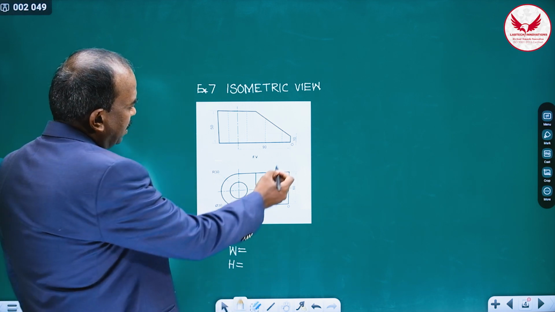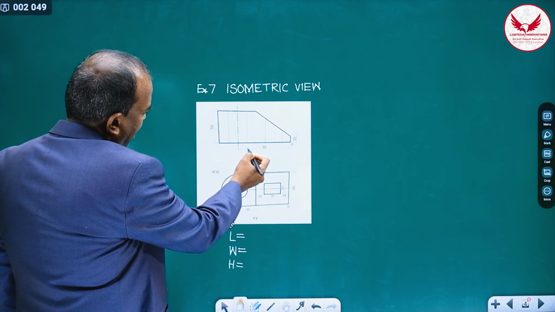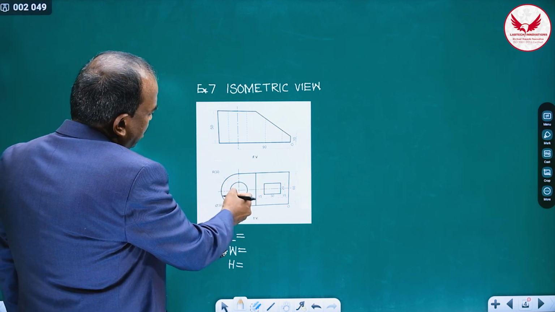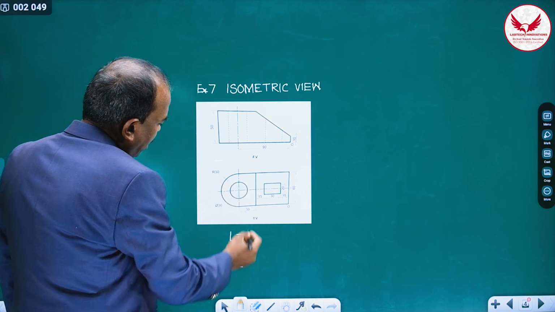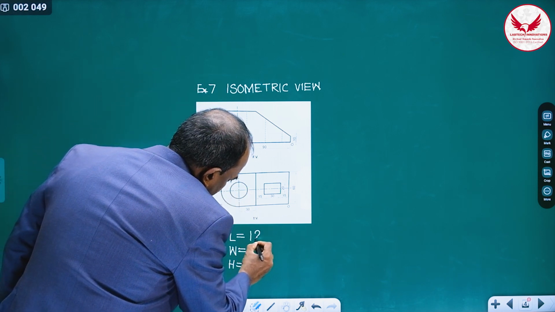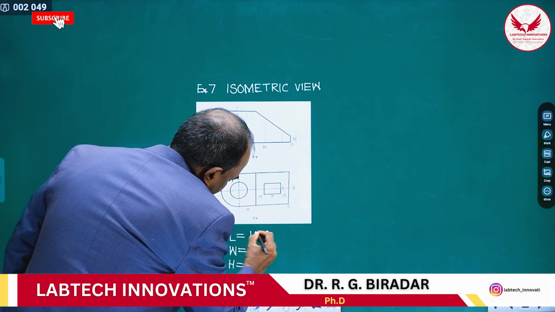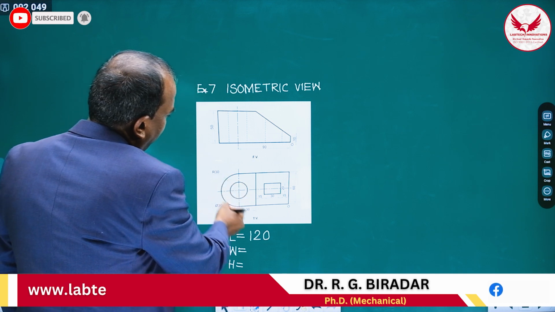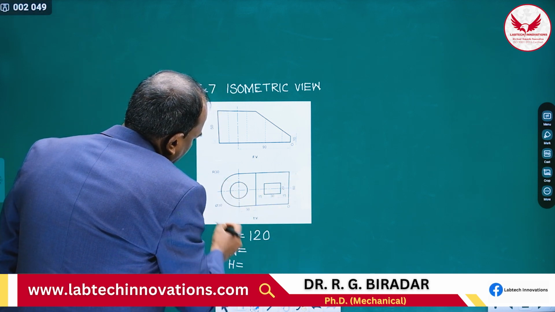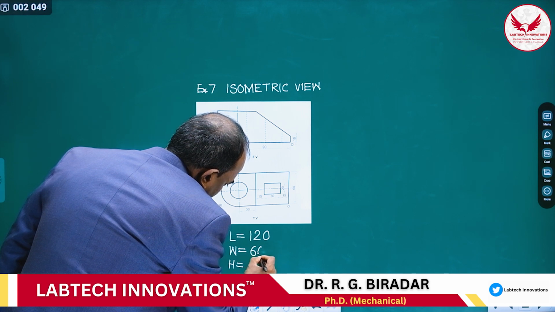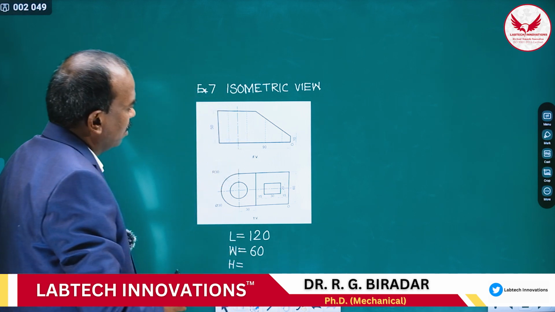The overall length of this object from the origin up to the center line is 90, and the outer semicircle radius is 30, which means the length is 90 plus 30, it is 120 mm. The width is directly given, either with the help of this radius of 30, which means the diameter is 60, or as mentioned on the right hand side, it is 60.